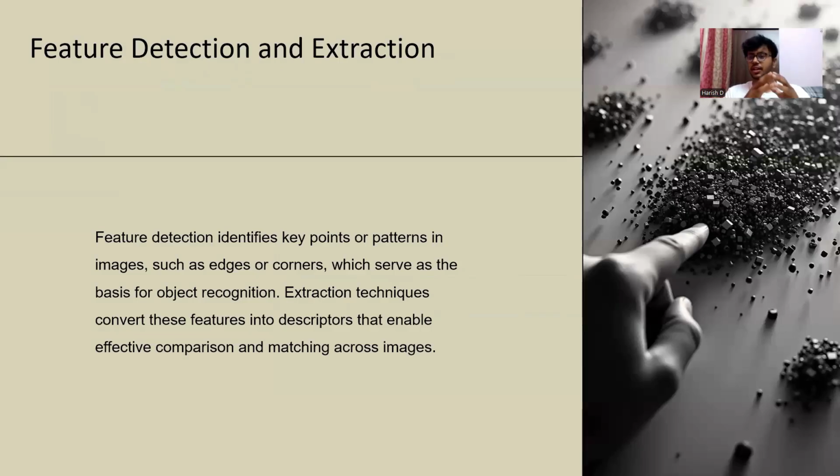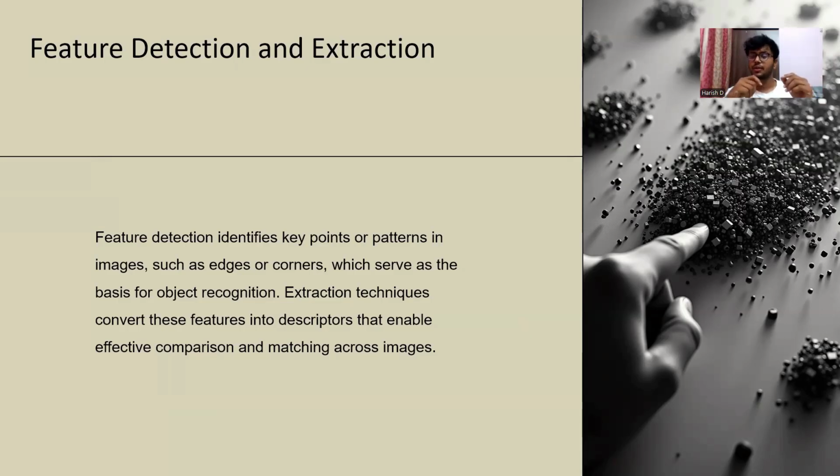Feature detection and extraction. What is feature detection and extraction? Feature detection identifies the key points or patterns in the image, such as edges and corners, which serve as a basis for object recognition. Let's talk about edges and corners with a fingerprint image. In the fingerprint, empty spaces will also be there.